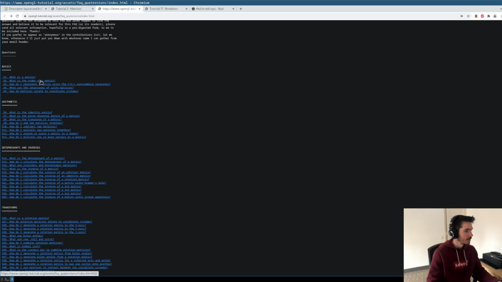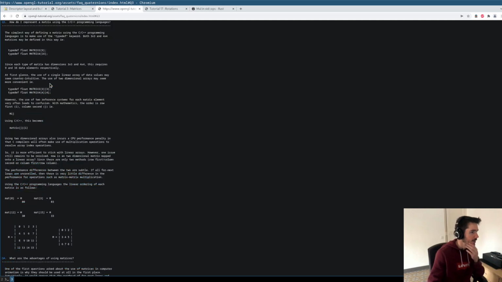What is the order of the matrix? How do I represent? The simplest way of defining a matrix is to make the type def. Using two-dimensional arrays also incurs a CPU performance penalty in that C, blah blah blah. Matrix of 0 is the element 0, 0.